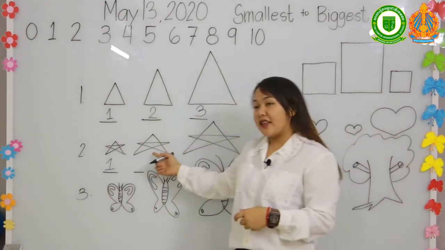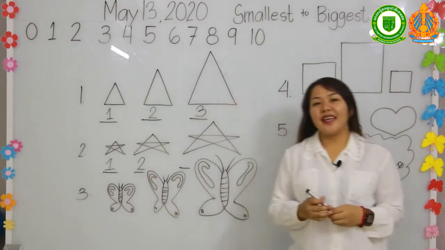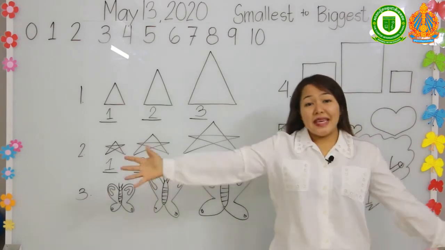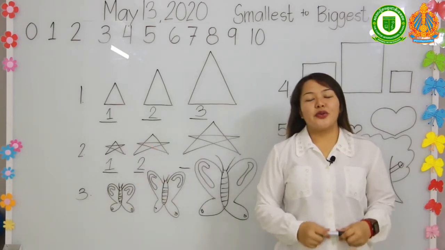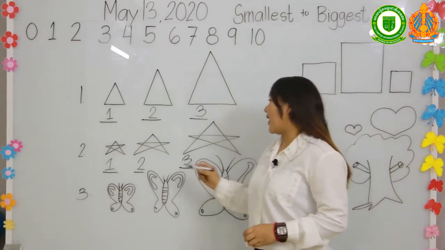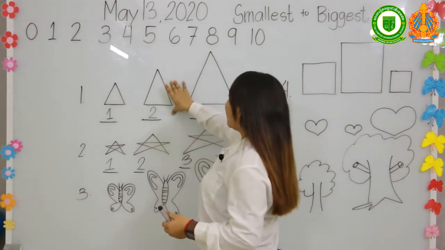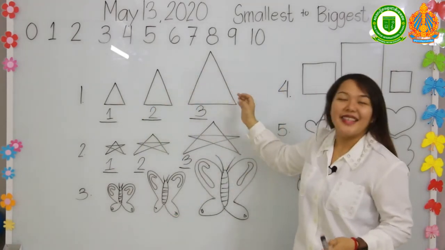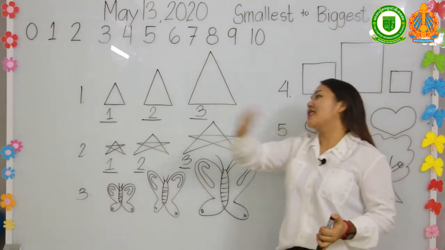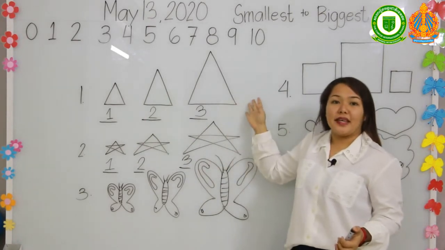We have this star. And lastly, we have the biggest, and we are going to number it 3. So actually they're the same. Small, medium, biggest, because there are only 3 pictures. So I will just say this is medium. Small, medium, and the biggest.